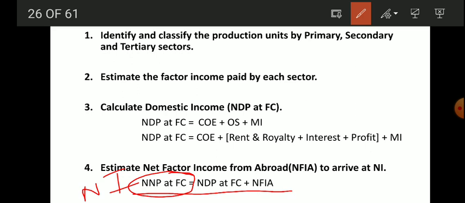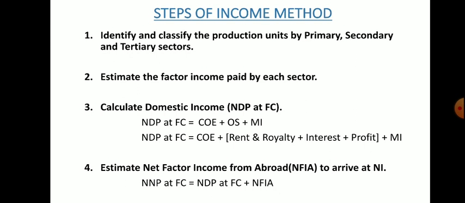Clear? So, to get the national income, first we calculate the NDP at FC, then add NFIA, net factor income from abroad, to get the net national product at factor cost. These are the simple steps we have to follow.